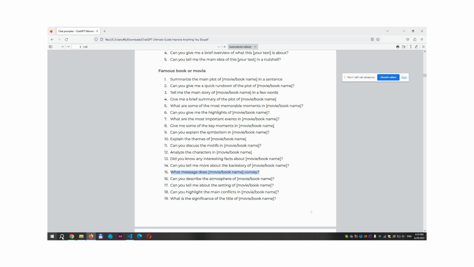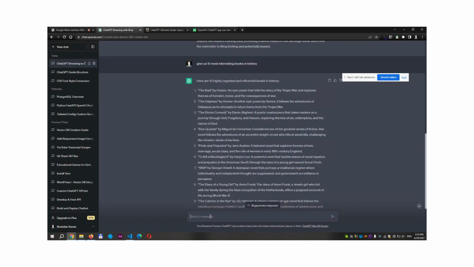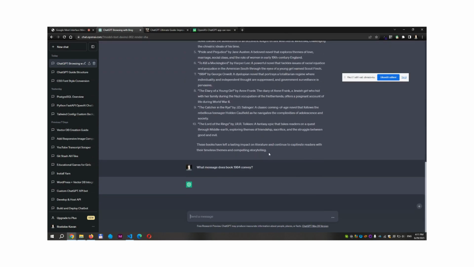So let's go with this prompt. He should understand it from the context. What message does book 1984 convey? Once again, I just copied my prompt from the book and I replaced the placeholder with the specific context, which is the book 1984. So let's ask.